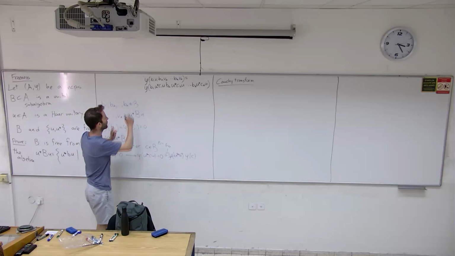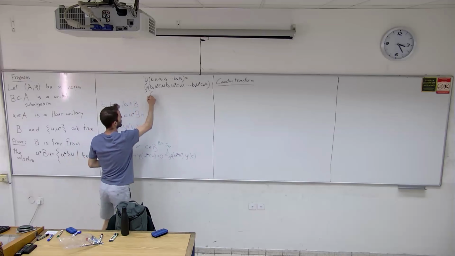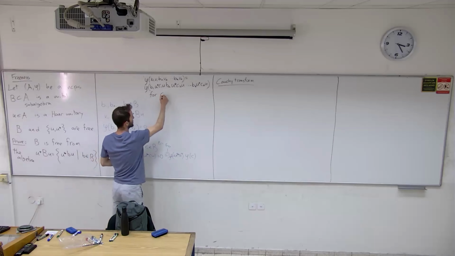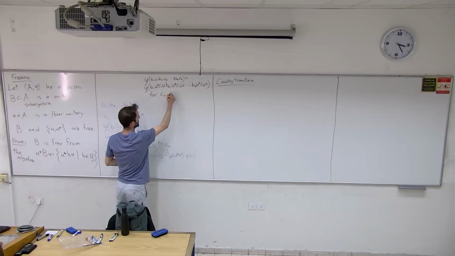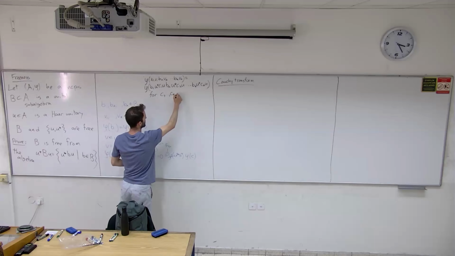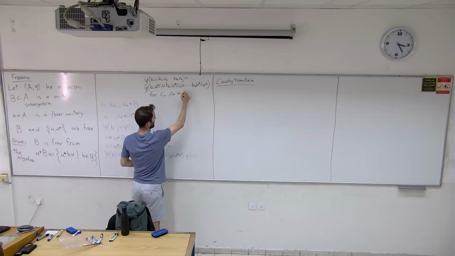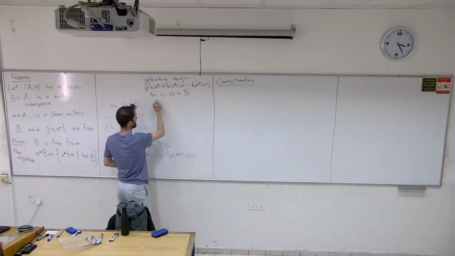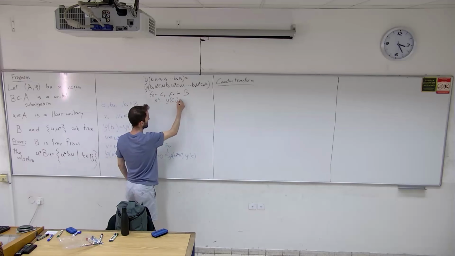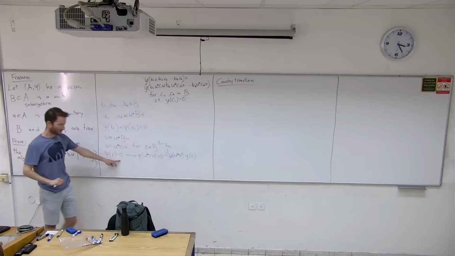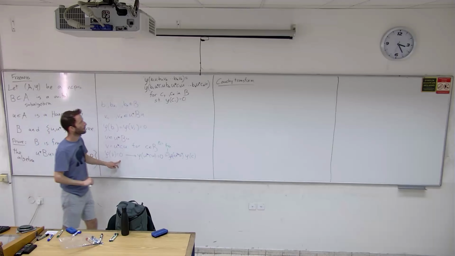This equals this for c1 up to ck in B such that they are centered, right, from the observation we had here.